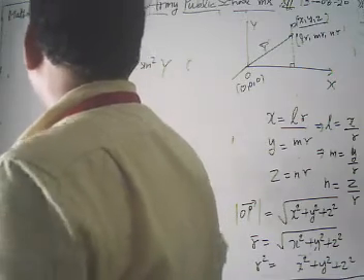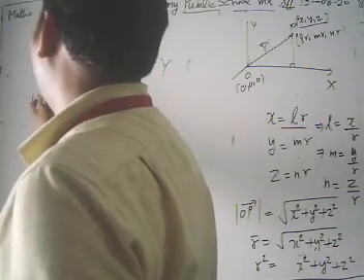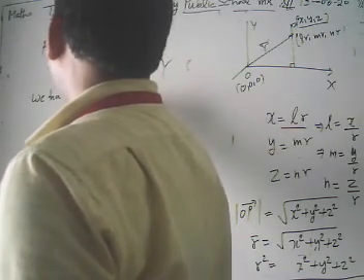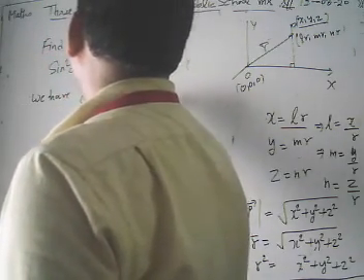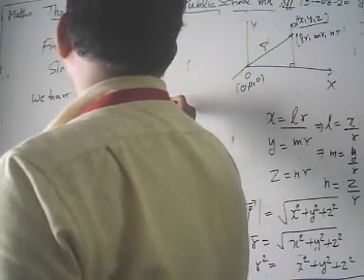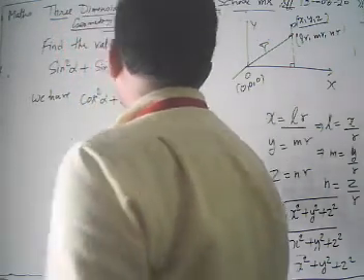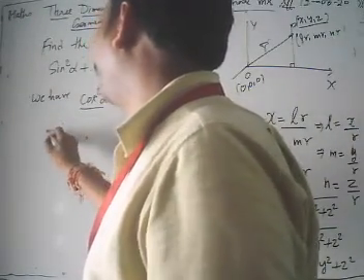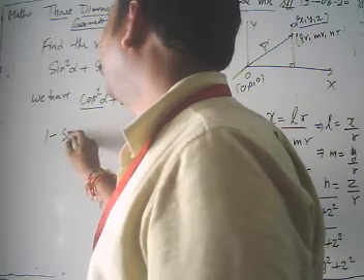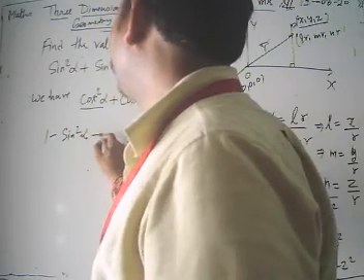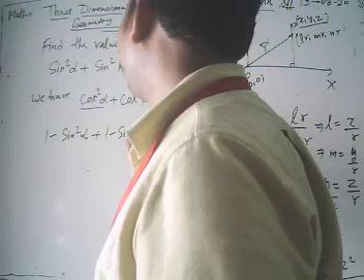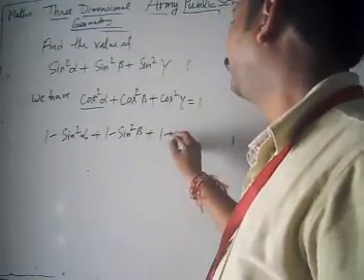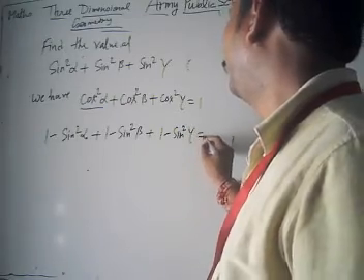Look, we have just proved that the value of cos square alpha plus cos square beta plus cos square gamma is 1. Now by trigonometric identity, what is the value of cos square alpha? It is 1 minus sine square alpha. Cos square beta is 1 minus sine square beta. Cos square gamma is again 1 minus sine square gamma, equal to 1.